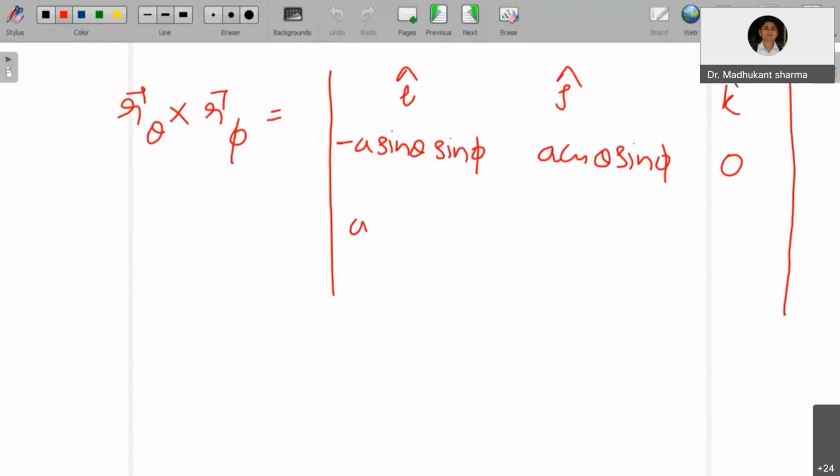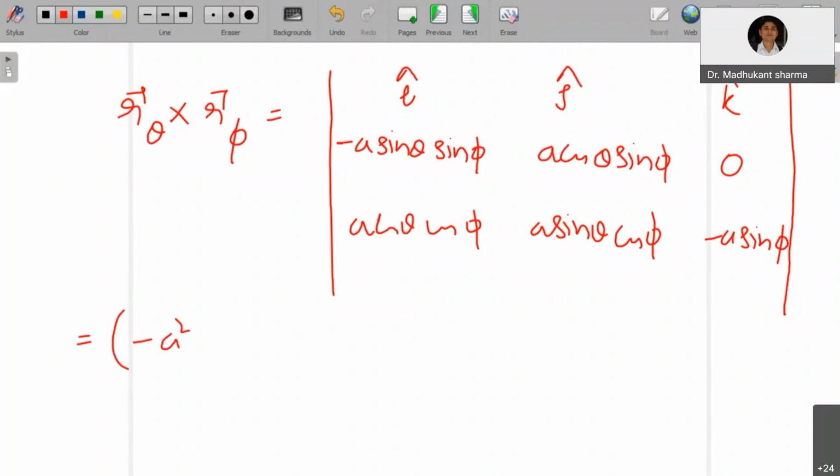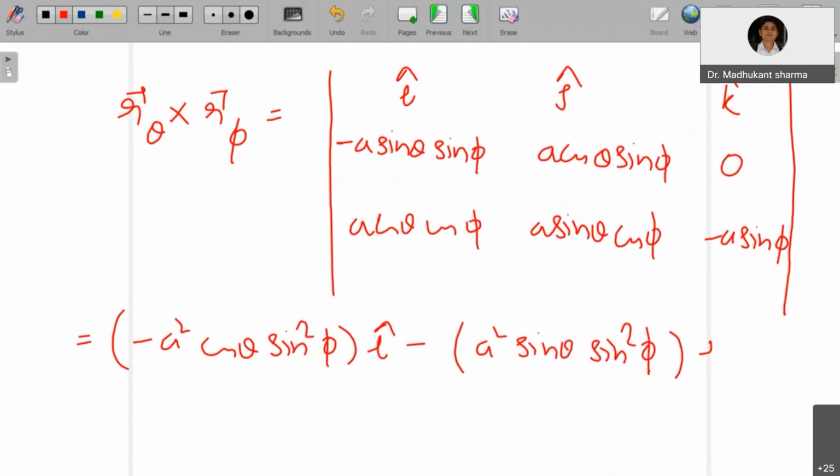You have the i cap coefficient minus a square cos theta sin square phi, minus a square sin theta sin square phi, and plus k cap is minus a square sin square theta sin phi cos phi minus a square cos square theta sin phi cos phi.